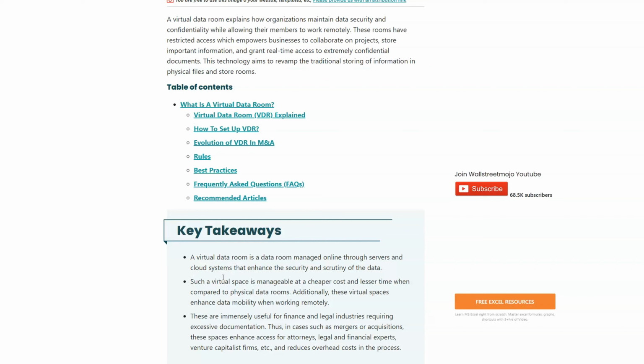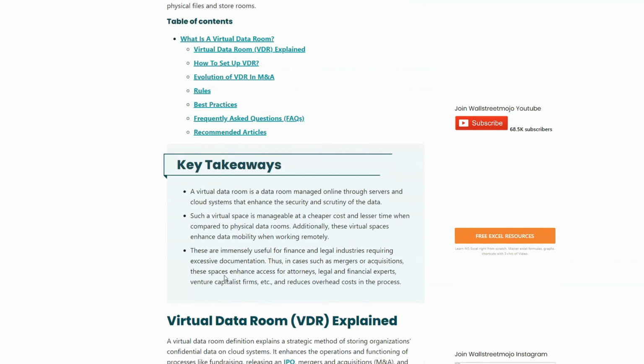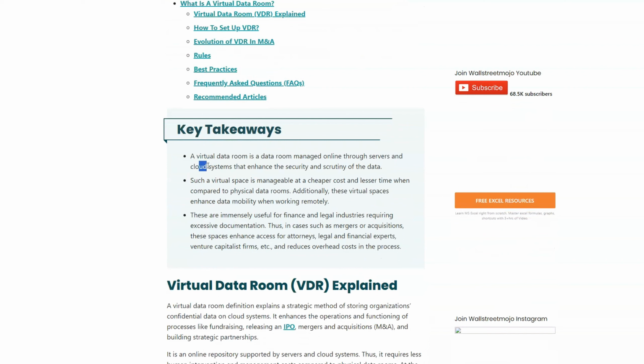Key takeaways: a virtual data room is a data room managed online through servers and cloud systems that enhance the security of the data. Such a virtual space is manageable at a cheaper cost and in less time when compared to a physical data room.